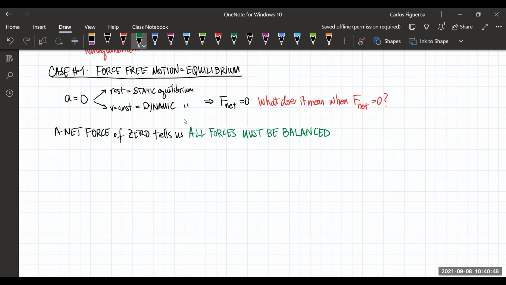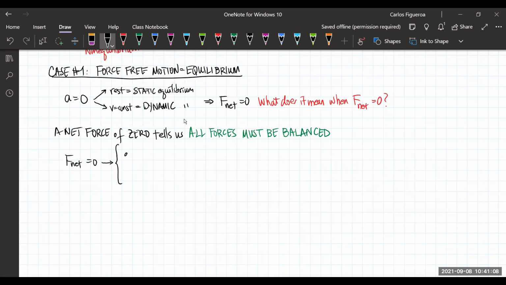What does that mean? So if I look at the net force, here's what it's saying here. The net force really says one of two things. We know that there are horizontal forces and there are vertical forces.